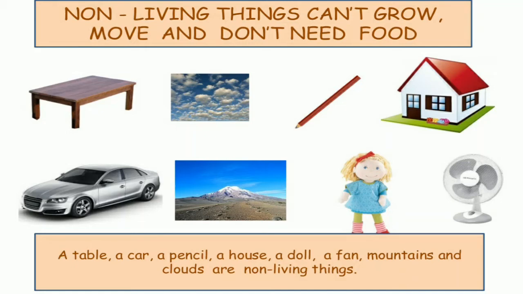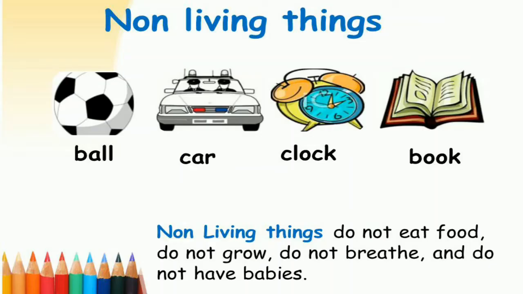Okay children, now everyone can understand about non-living things. So we are going to learn the next slide. Non-living things: the ball, car, clock, and book. These are examples of non-living things. Non-living things do not eat food, do not grow, do not breathe, and do not have babies.